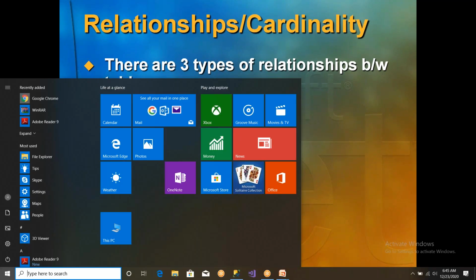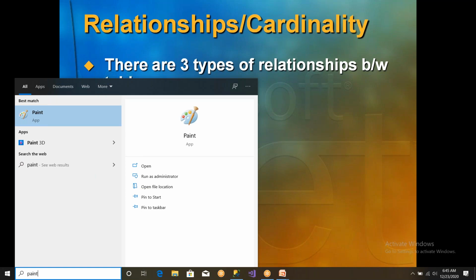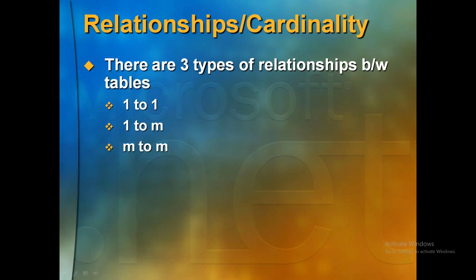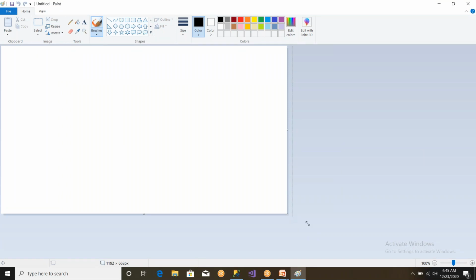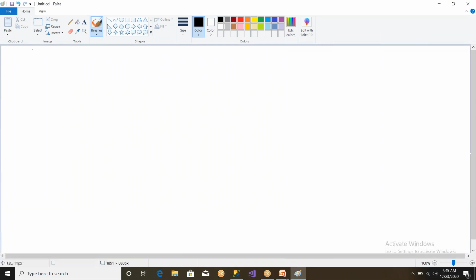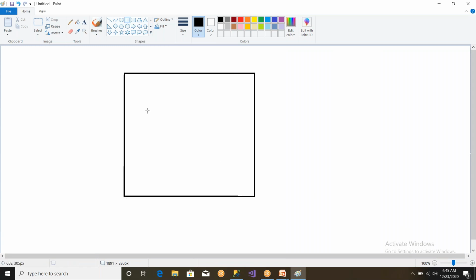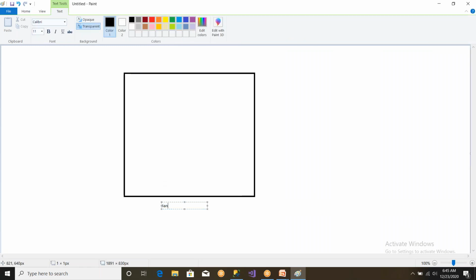So let me take Paint and explain. We are going to have a database, right? For example, I take a database called iBank database. Let me increase the font.